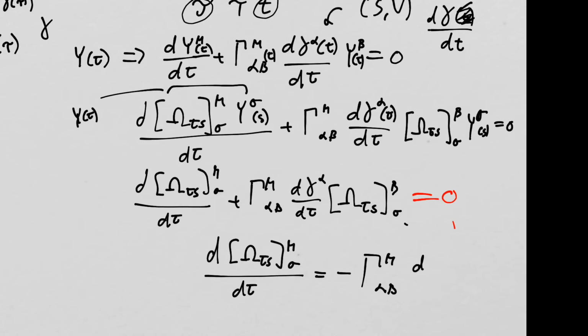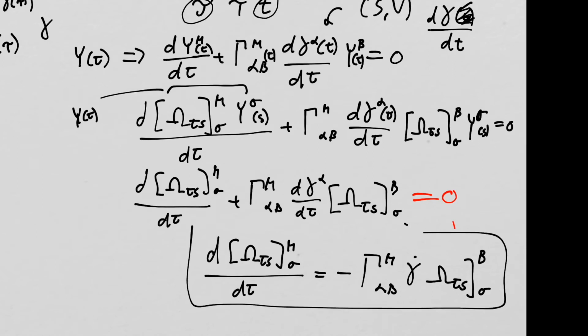Well, why don't I just go real crazy and just say gamma dot, omega ts beta sigma. Right, so that's the statement I wanted to demonstrate.